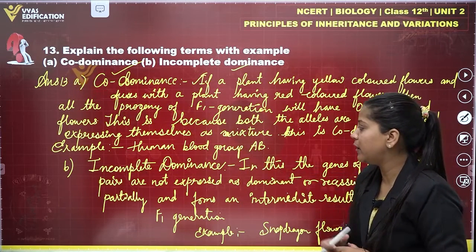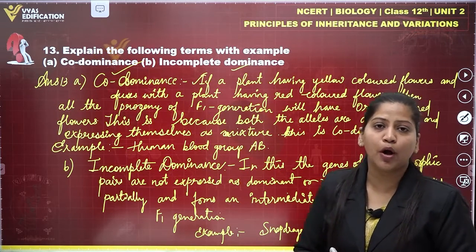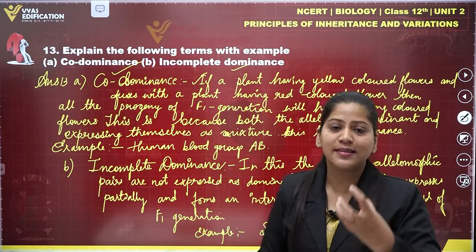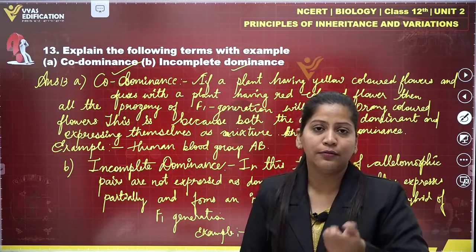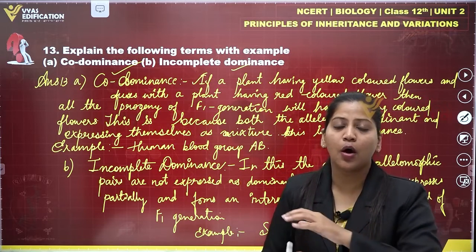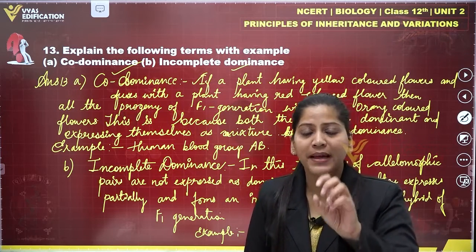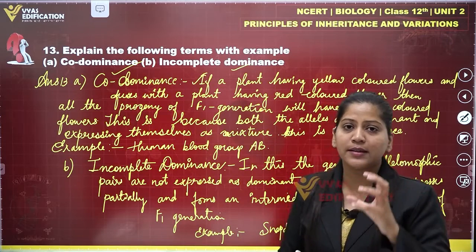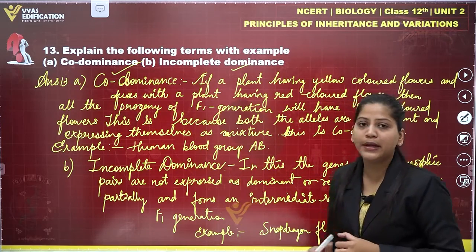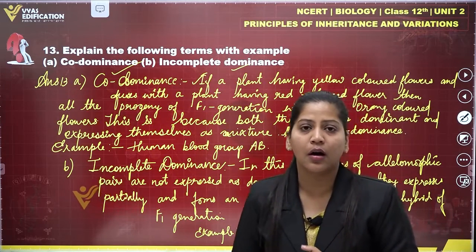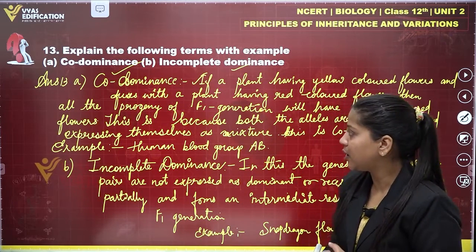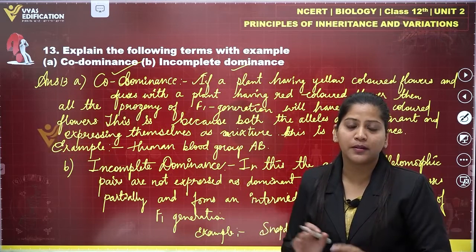We have human blood group AB as the example of codominance, and the snapdragon flower, showing pink colored flowers in the F1 generation, as the example of incomplete dominance, where the intermediate result comes from the parental genes.